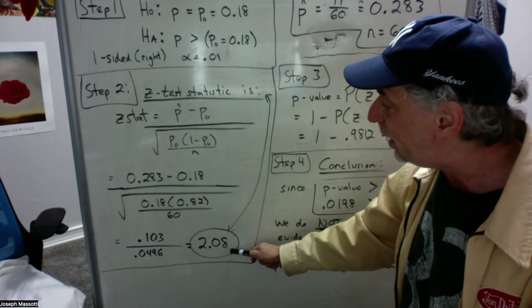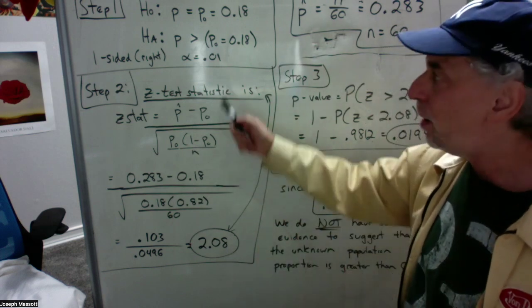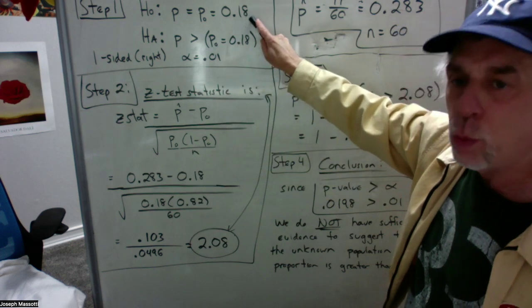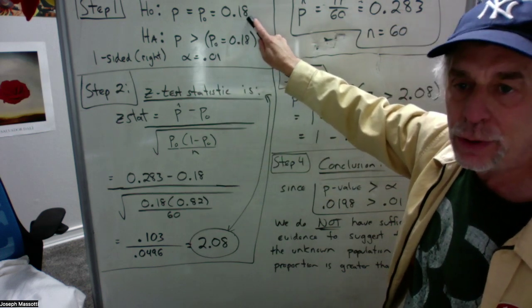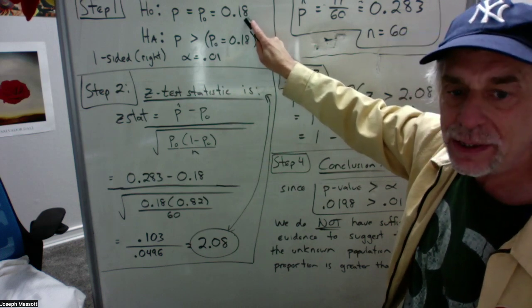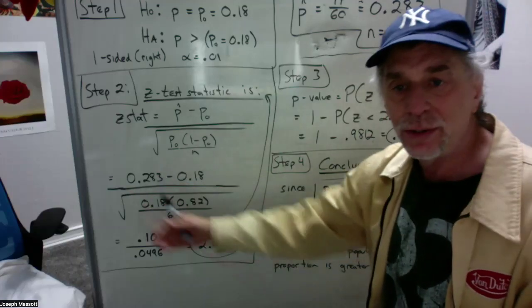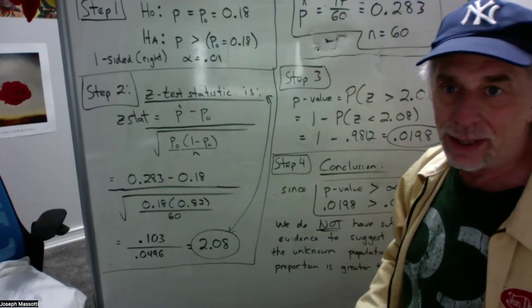This tells us that the value we get is 2.08 standard deviations from the center of what would be the sampling distribution, the center, if this was true. This would be the center of the sampling distribution. We got a value that's over 2 standard deviations above that hypothesized value.